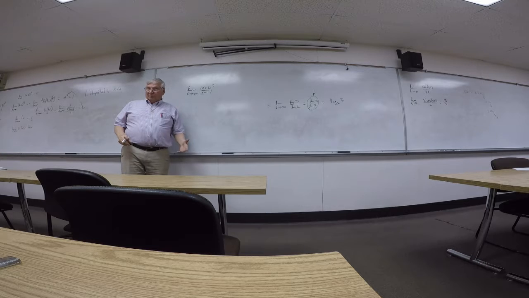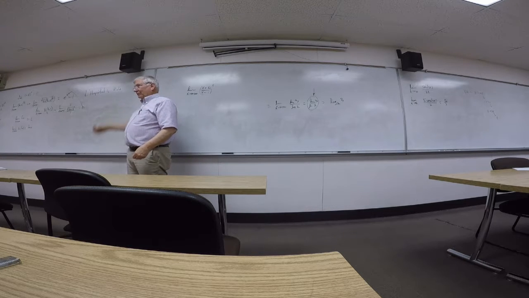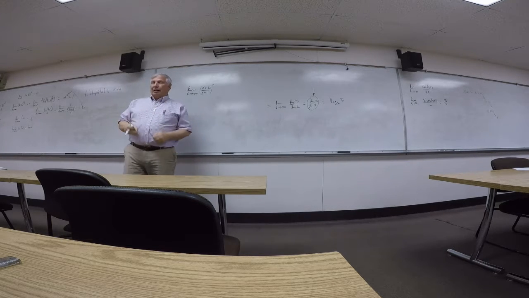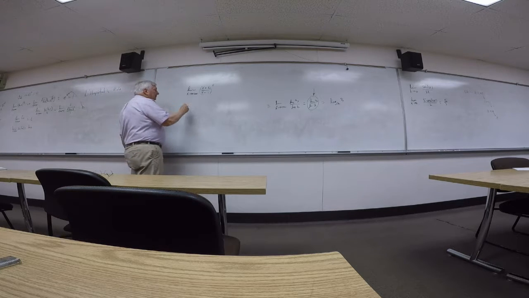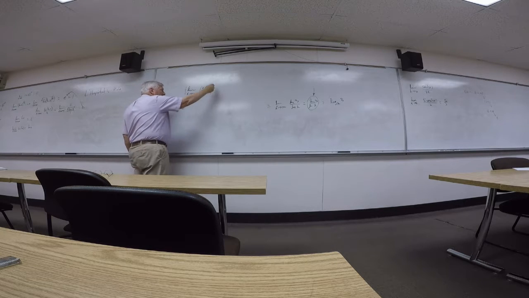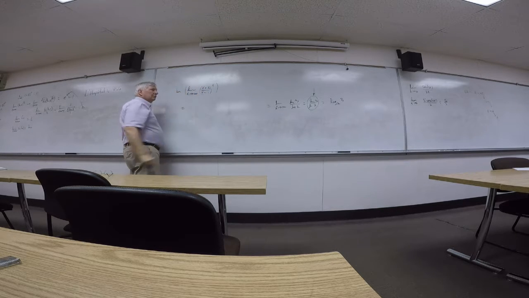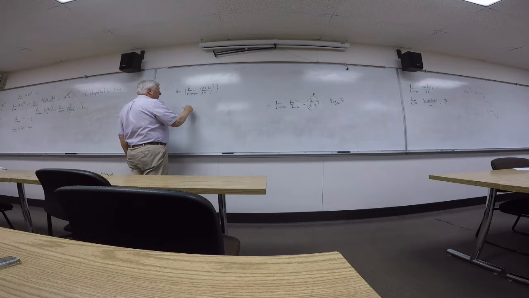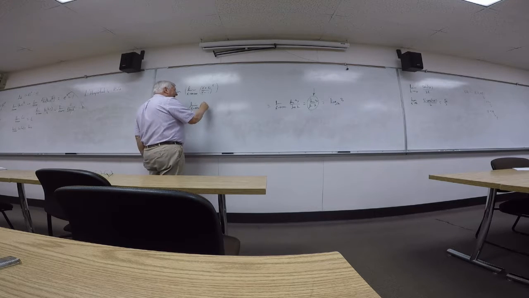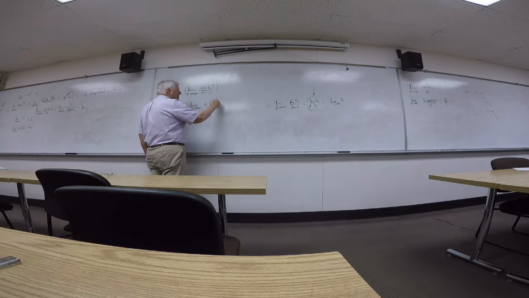And that form is the opposite of infinity to the 0, but it still works if we apply natural logarithms. So, we want to look at the natural logarithm of this, which gives us limit as x increases without bound of x times the natural log of x plus 2 over x minus 1.